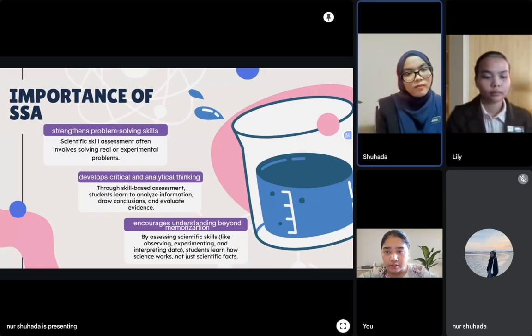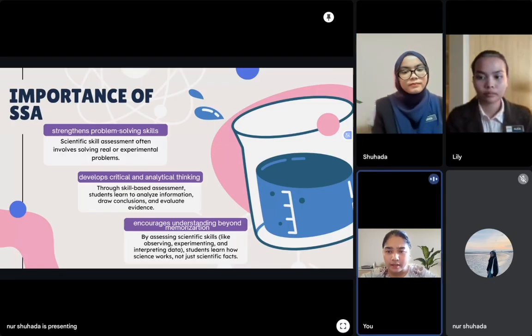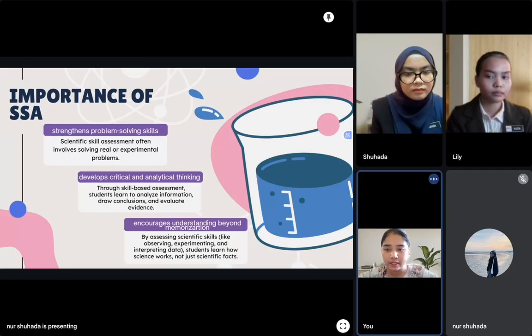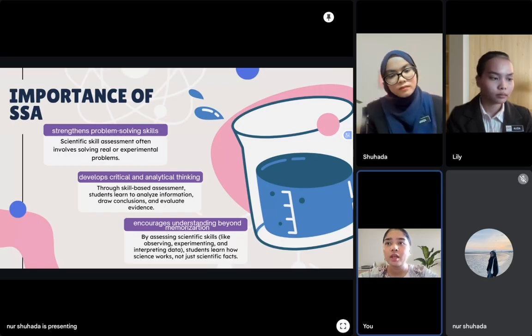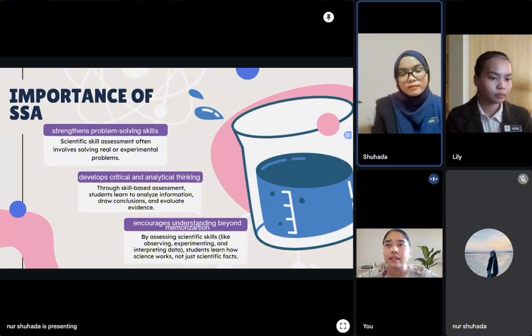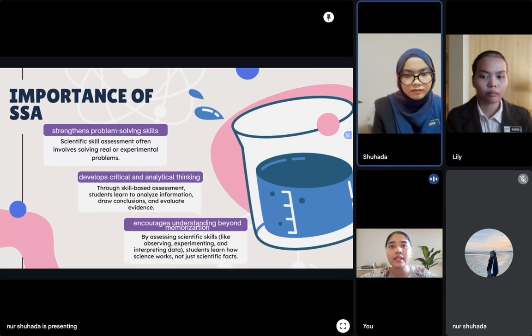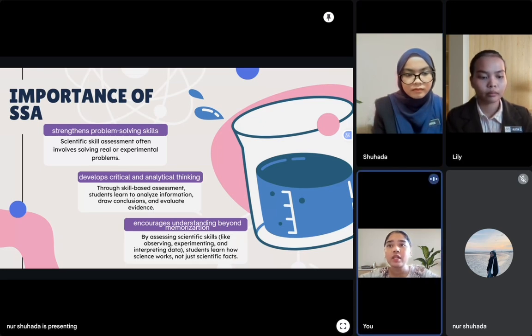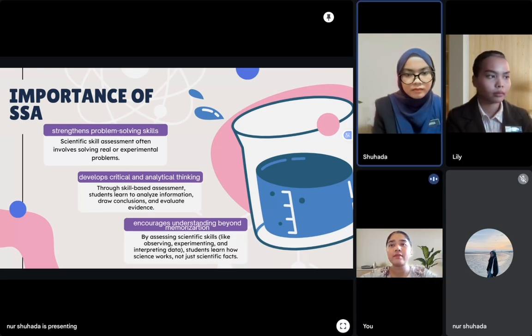Second, to develop critical and analytical thinking. Through skill-based assessment, students learn to analyze information, draw conclusions, and evaluate evidence. This encourages students to question, reflect, and verify information rather than accept it at face value.